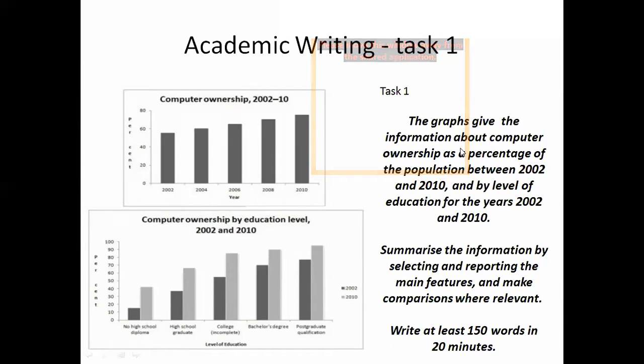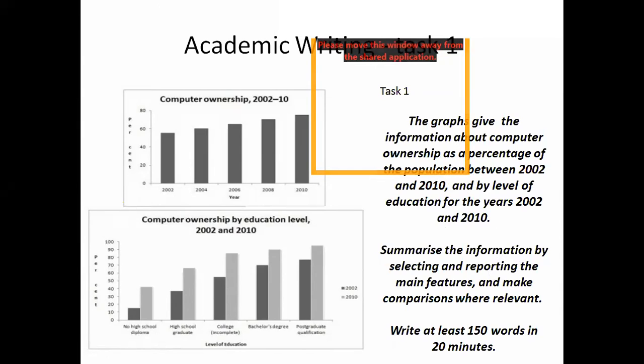So see here, the graphs give the information about computer ownership as a percentage of population between 2002 and 10. And the second one gives the level of education for the years 2002 and 10. So you have to summarize the information by selecting and reporting the main features and make comparisons where relevant.